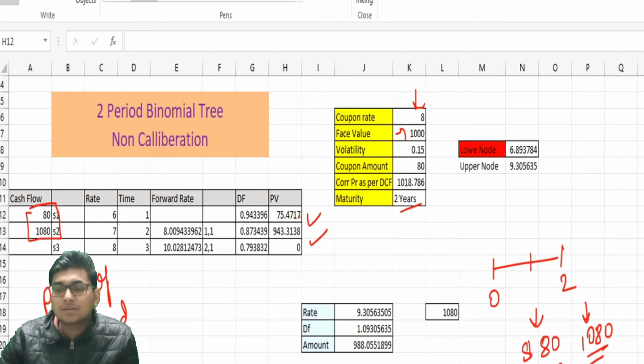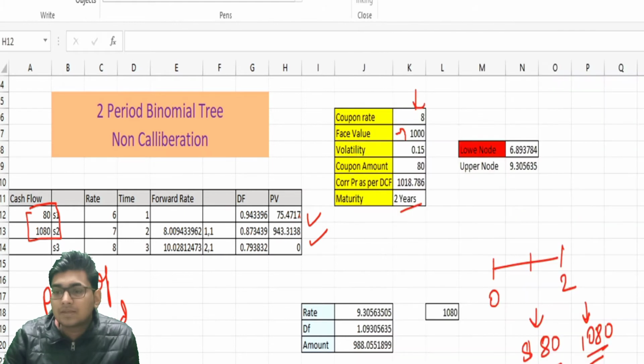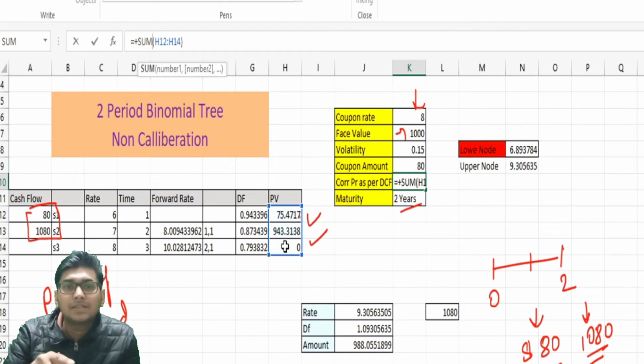So this is nothing but the present value of the bond. Okay, so over here you can mention that this is nothing but the present value of the bond, or you can say the price of the bond at which it is trading in the market.